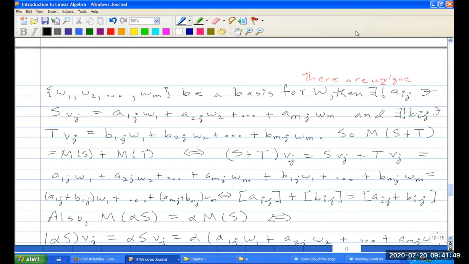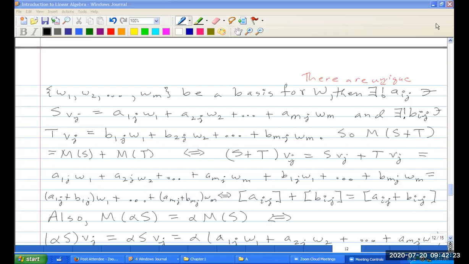Yes, the entries are unique. That is correct. The entries in your matrix are unique, depending on your linear transformation and your basis for your vector space. So there is only one matrix corresponding to a linear transformation and the bases for your vector spaces. That is correct. And so you said it correctly.